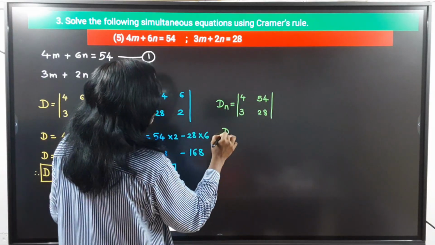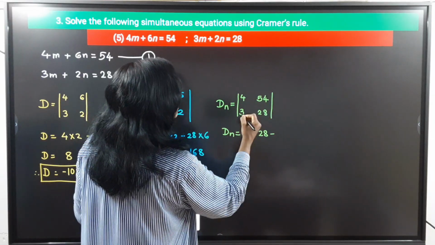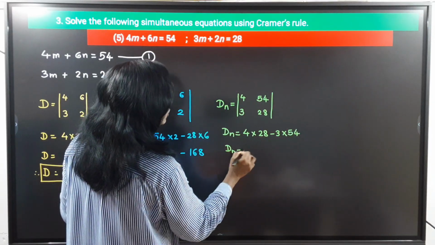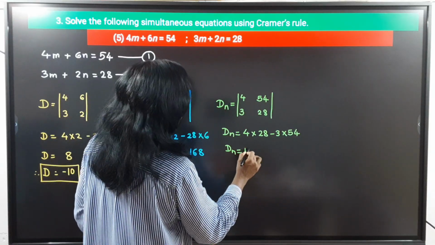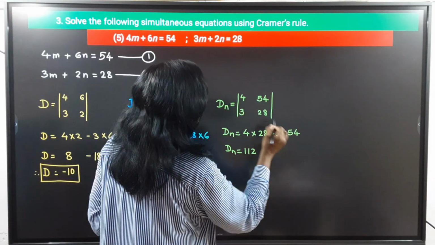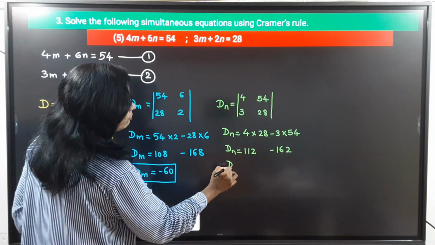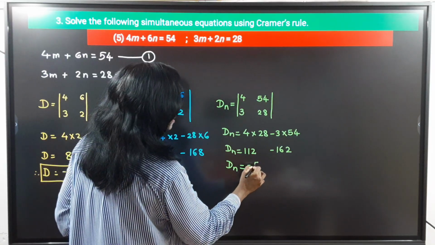Then D of n is equal to 4 multiply 28 minus 3 multiply 54. That is 112 minus 162. So D of n is equal to 112 minus 162, that means minus 50.